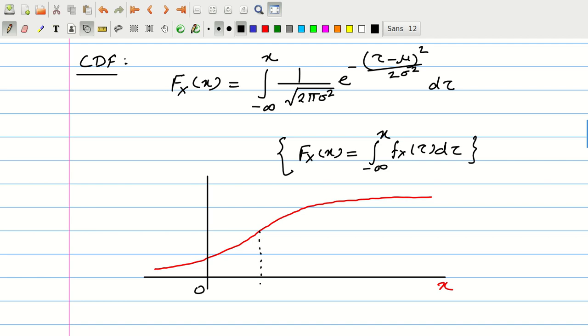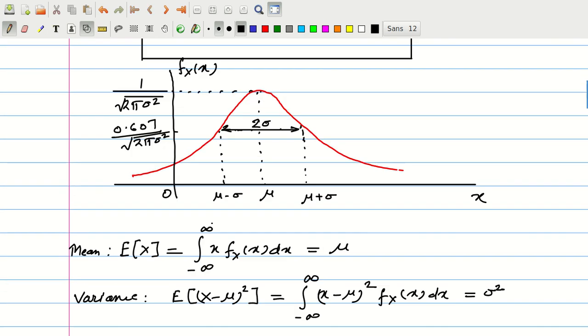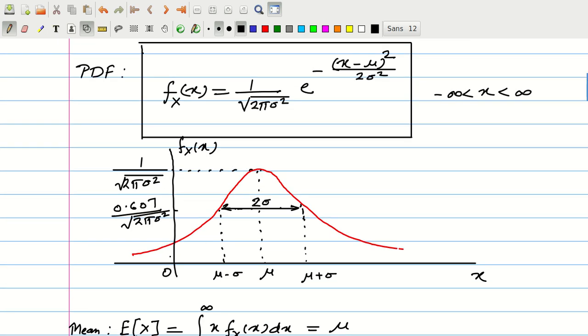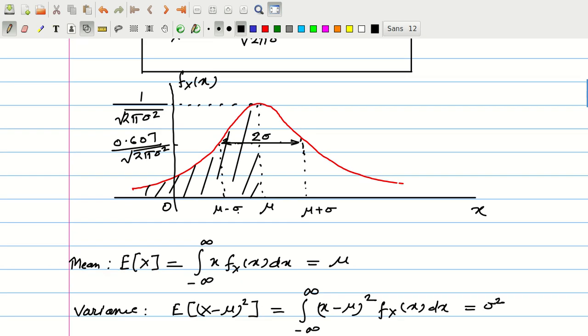When x is equal to mu, the CDF has a value of 0.5 because it amounts to integrating this curve from minus infinity up to mu, which is half of the total area of the PDF curve, and the total area of the PDF curve is 1, so its half is 0.5.